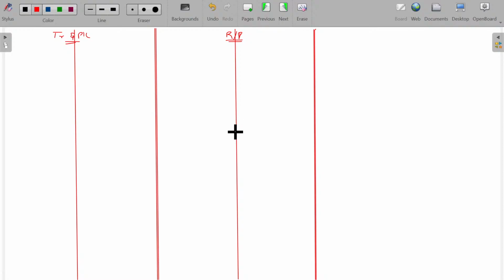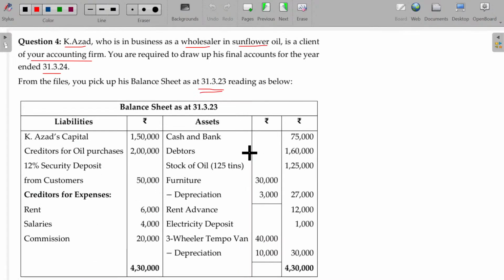And the opening balance sheet details are here.